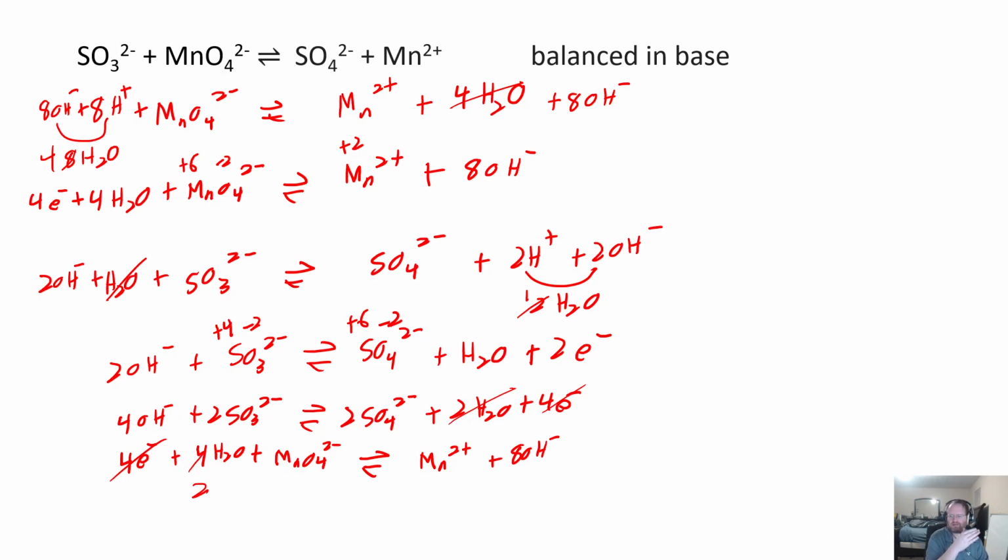Then there's 4 hydroxides on the left of my sulfur containing reaction and 8 hydroxides on the product side of my manganese reaction. So these 4 hydroxides cancel 4 of the ones here to leave me with 4 present, since I don't need them to show up on both the reactant and product sides.